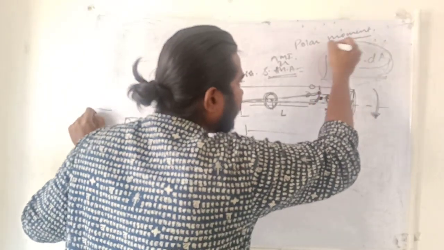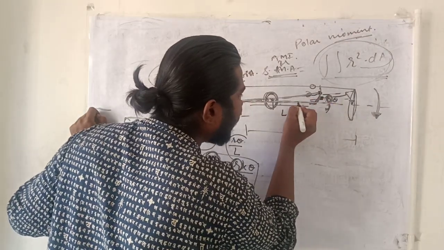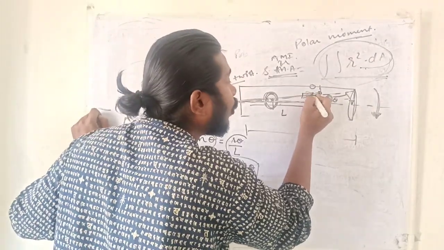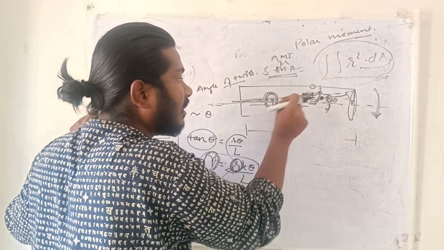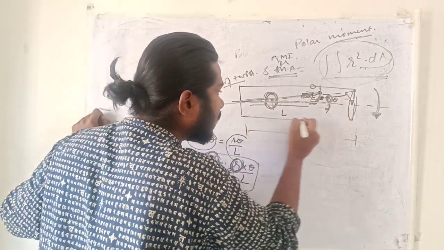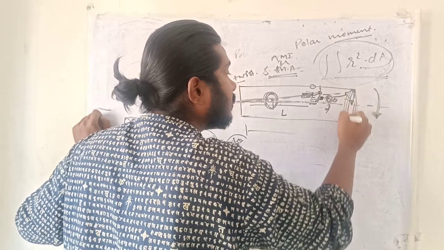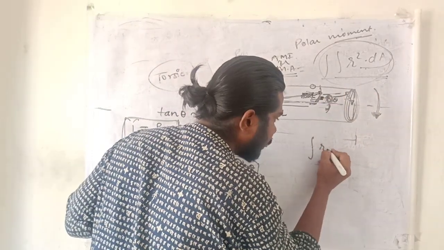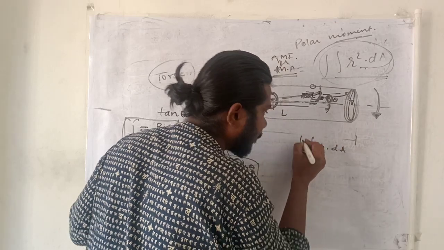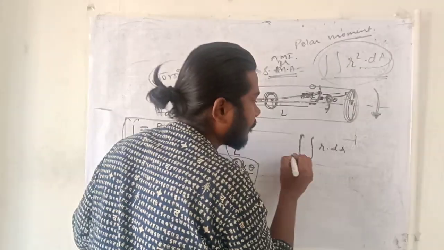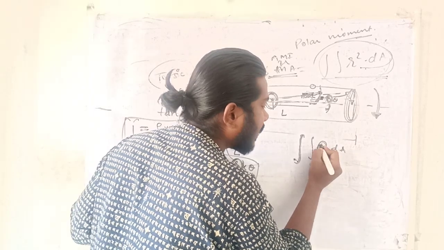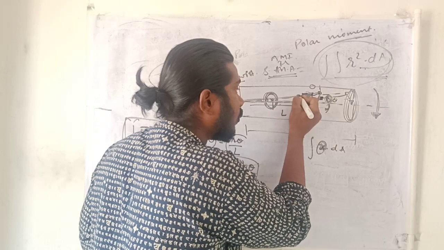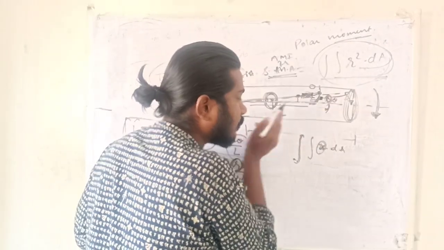Now, in this case, if I have to find the centroidal location of my infinitesimally small object, if we consider any place in this cylindrical shaft, I can take this R as an X. X is the distance of this object from the center fiber.